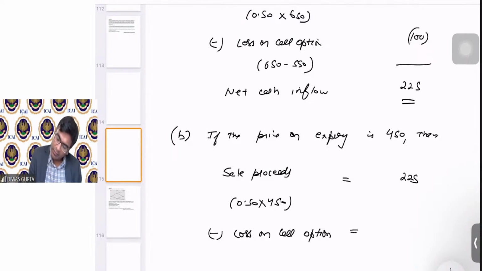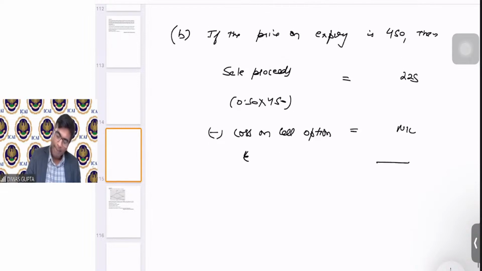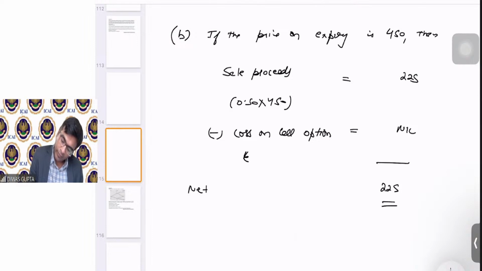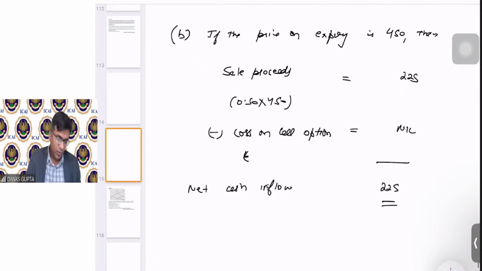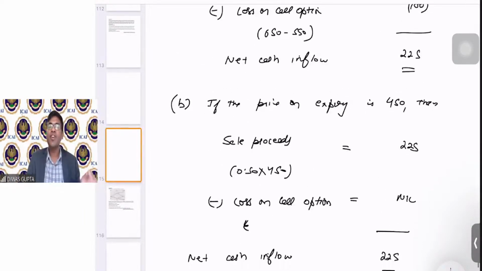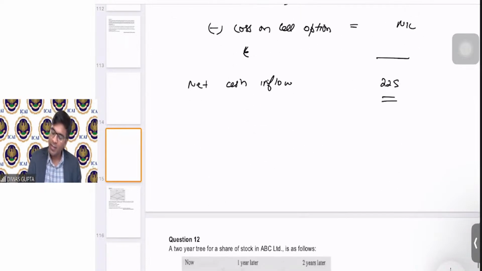This will become nil because the price is already lesser than the exercise price, right? So it will be nil. So the net cash inflow in this case also becomes 225. So hence we have proved, right? The second part was asking us to show that whatever the price, you are still able to make the same inflow.